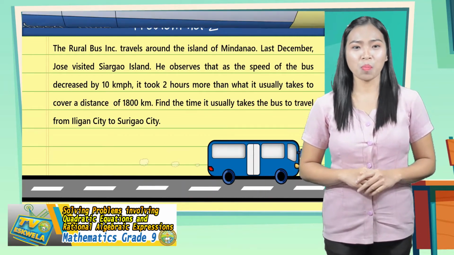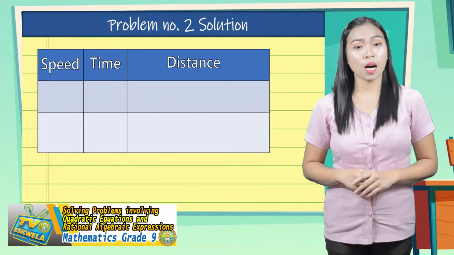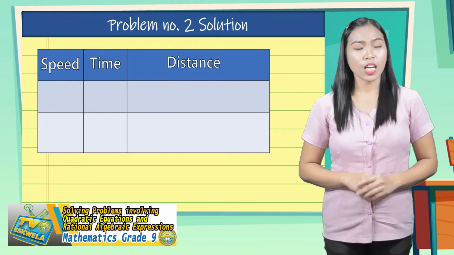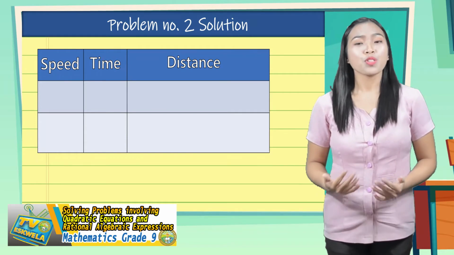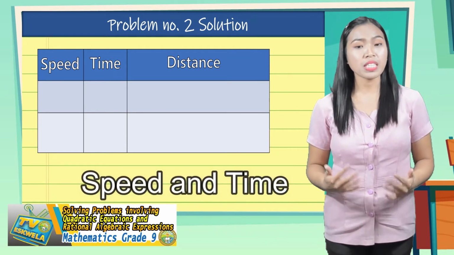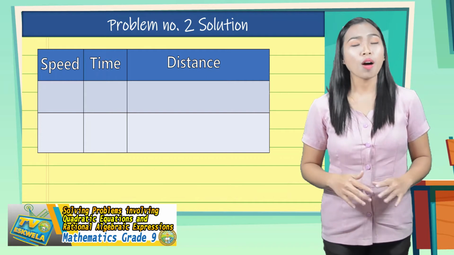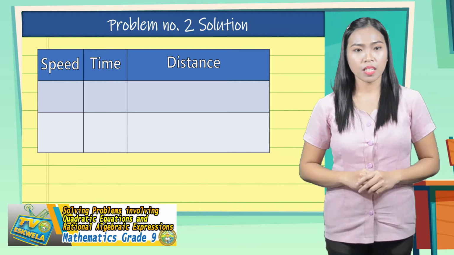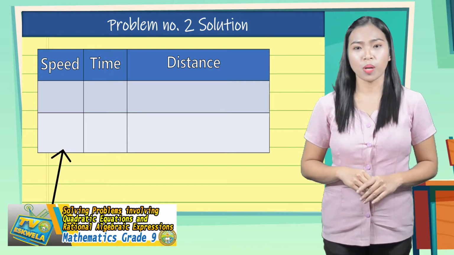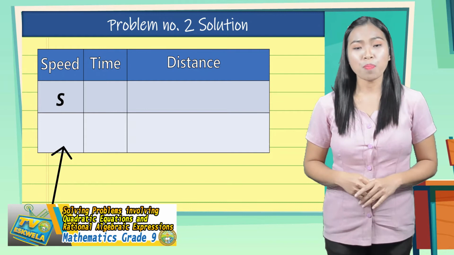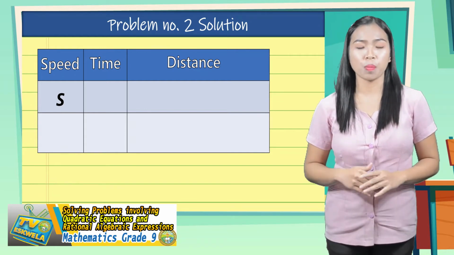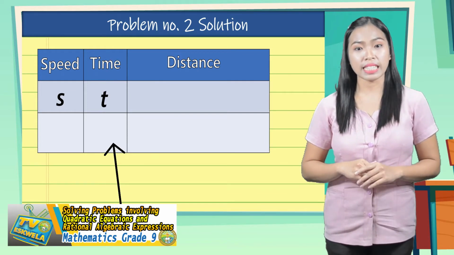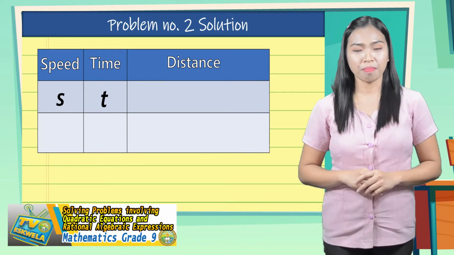To solve this problem, we may create a tabular presentation like this one. We will use variables to represent the speed and the time of the bus to cover the 1,800 kilometer distance. On the first row of the table, S represents the usual speed of the bus, and T represents the time it takes the bus to travel.